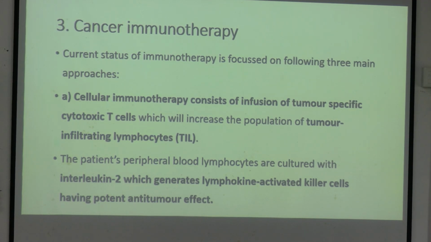What is tumor-infiltrating lymphocyte? Suppose a tumor is present in the breast or anywhere else. Around the tumor, there will be some lymphocytes; lymphocytic infiltration will be present. The more lymphocytic infiltration present around the tumor cells, the better the prognosis of that tumor.